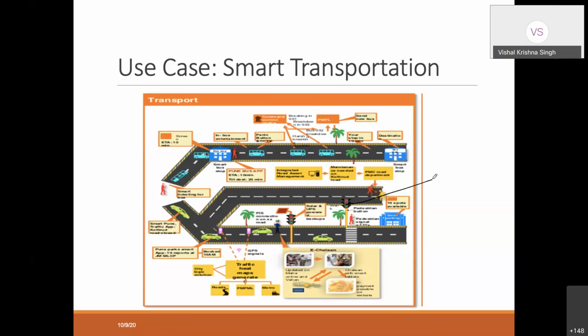The smart traffic lights can be incorporated. Now, health of these devices can be incorporated.